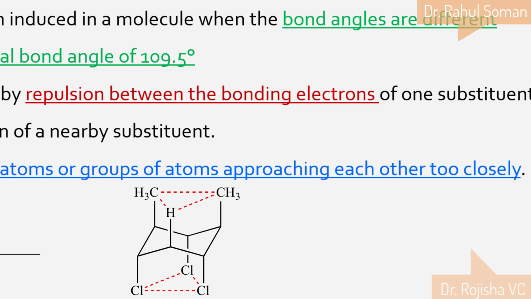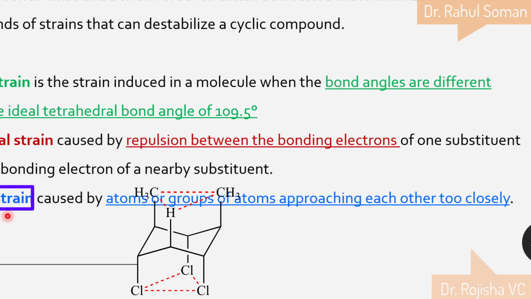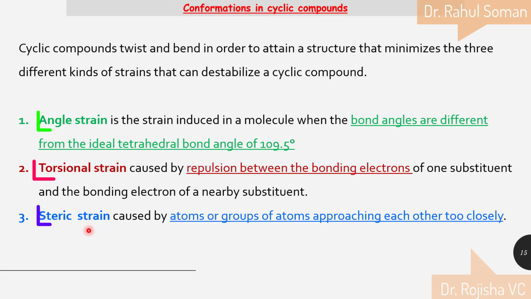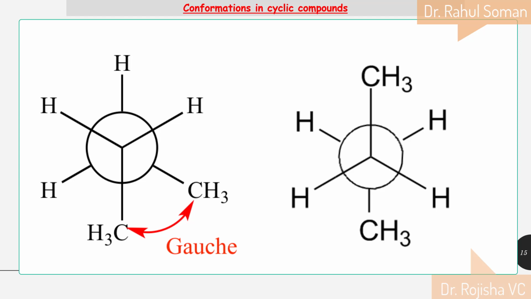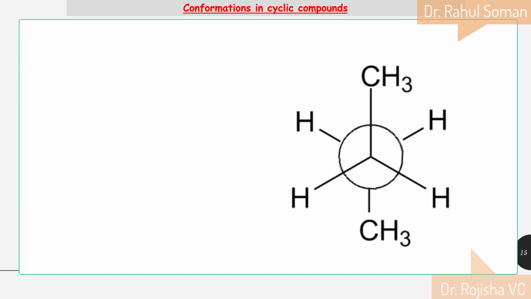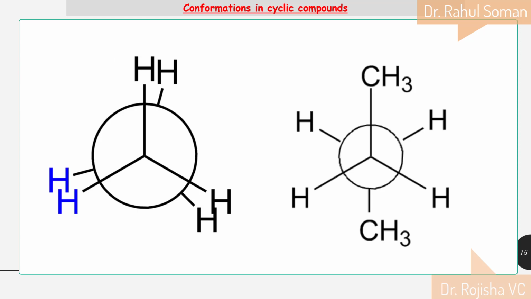So in cyclic compounds, these three strains will be there: angle strain, torsional strain, and steric strain. Before going further, we have to be very thorough about gauche conformation, anti conformation, and eclipsed conformation. That should be very clear.